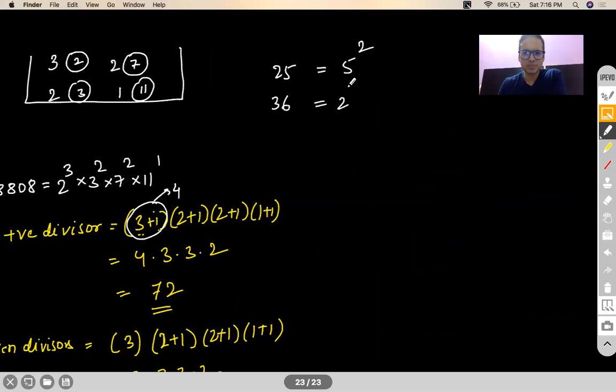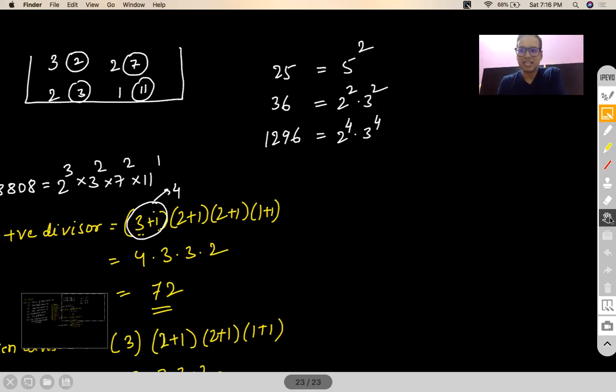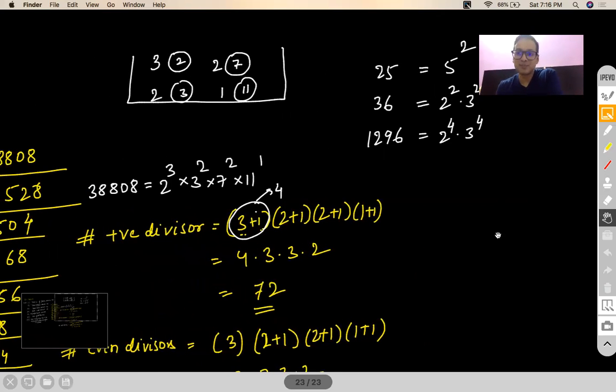In 36, 2 is picked twice, 3 is picked twice. If I take a number like 1296, which is 36 square, here I'll pick 2 four times and 3 also 4 times, isn't it? I hope this is correct. My calculation is correct, 36 into 36. So what I'm trying to say is that if you're trying to pick up a perfect square, you must pick up a fruit in multiples of 2.